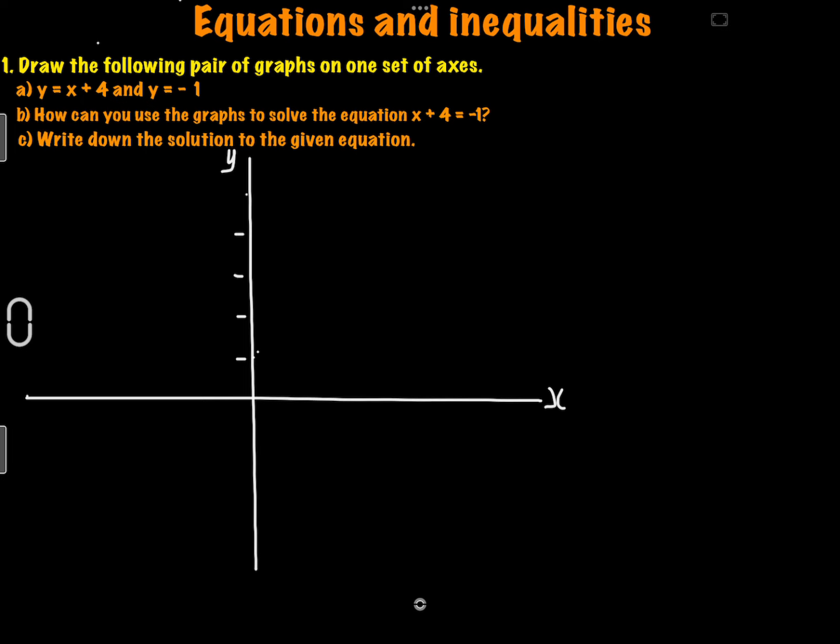3, 4. Just stop there, and then these are negative values below along the y-axis. Similarly, along the x-axis we do the same. 1, 2, 3, 4, 5, 6.